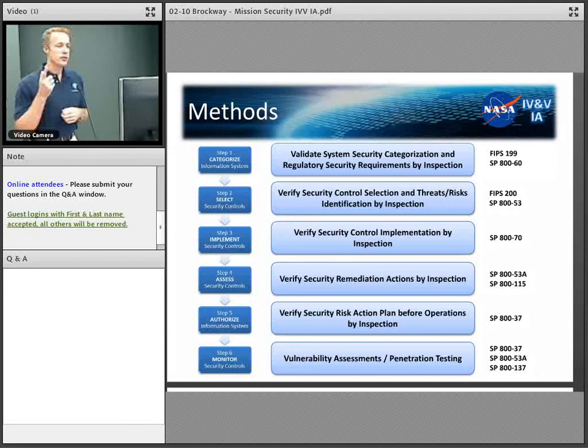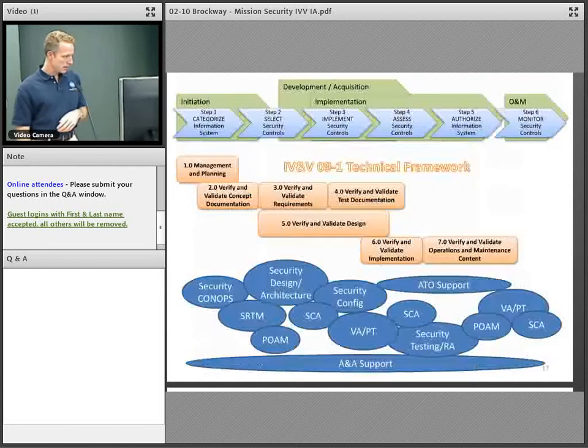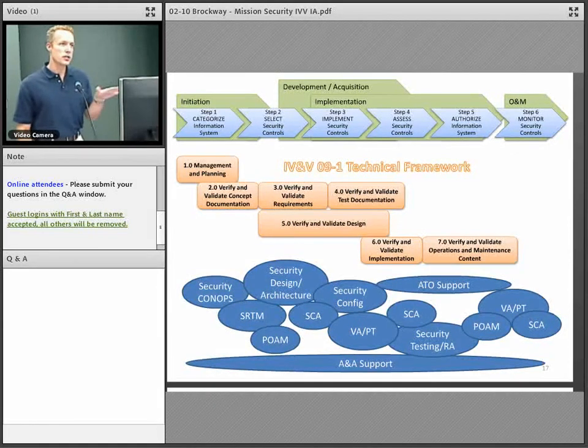I wanted to revisit one of the questions that came up earlier, and I'll go back. So here in the initiation and development phases, as well as in the operation and maintenance phase, we talk about IV&V, and we like to be as far into the concept phase as we can be, and typically IV&V has helped a mission succeed at deployment and then begins to work on other missions.